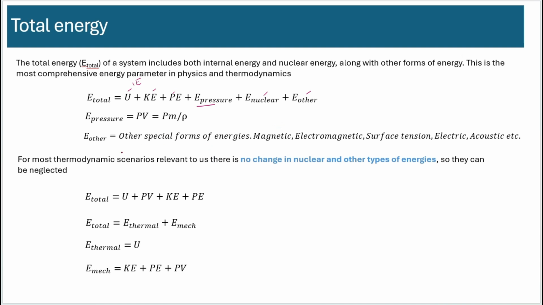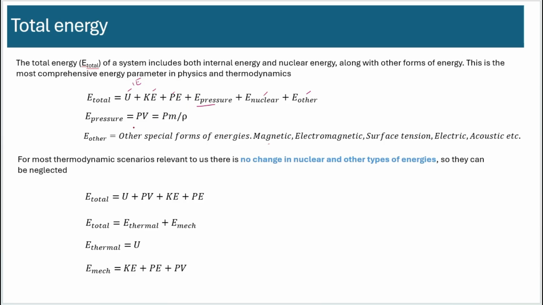The other energies are special forms of energy like magnetic, electromagnetic, surface tension, acoustic, etc. Typically, they are all neglected for most thermodynamic purposes, and nuclear energy is also neglected.